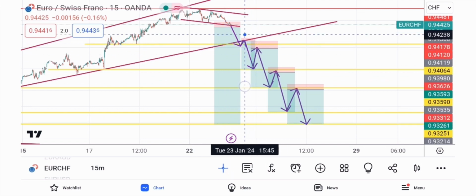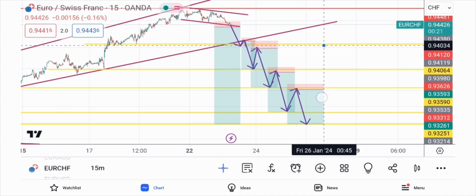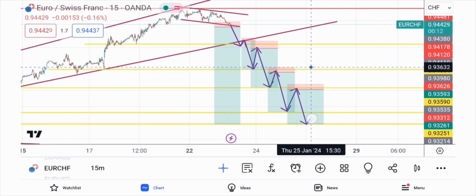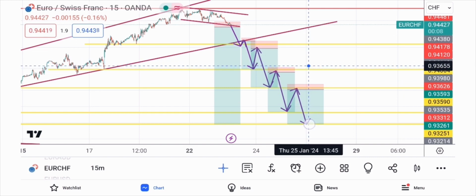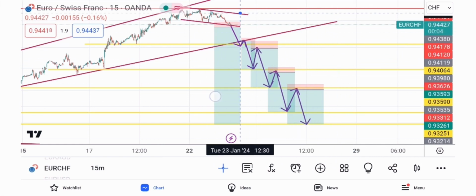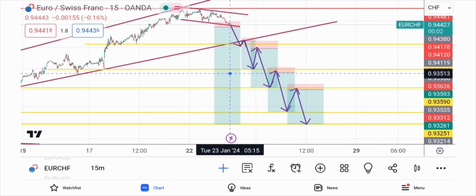From this level to this level, it might take even 24 hours for the market to get there, right? It might take a few hours for the market to get there. It just depends on the volatility of that pair, right? So this is how you should be approaching it, because the market doesn't always move the way we expect it to.